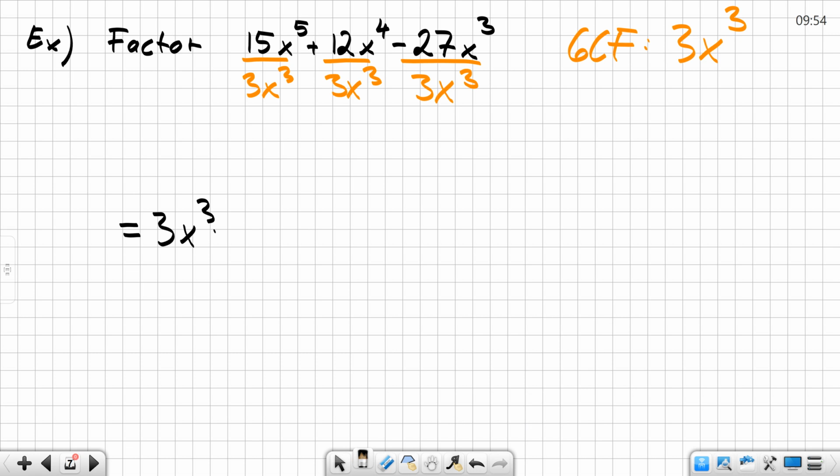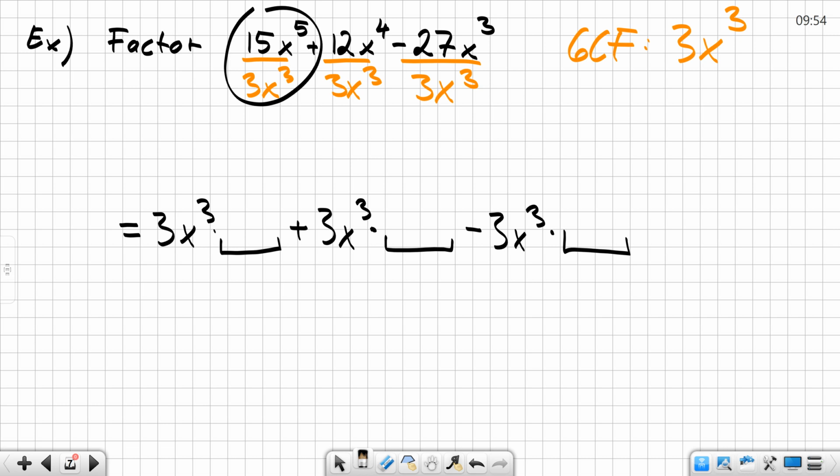Now, if I want to write this again, just like in the examples from before, always as 3x cubed times something plus 3x cubed times something minus 3x cubed times something, then all I have to do is look up here, and I just divide 15x to the fifth by 3x cubed. 15 divided by 3, that is 5. And x to the fifth divided by x to the third, that is an x to the second.